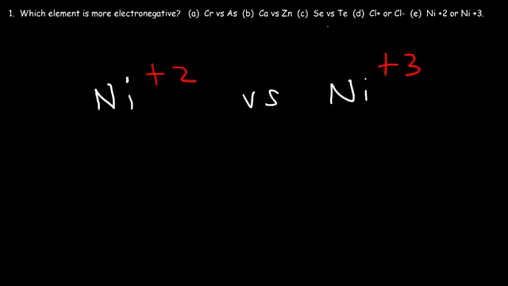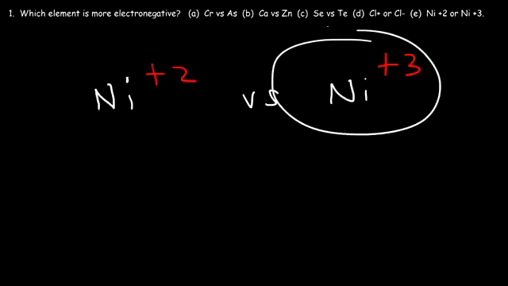Now both of these ions may have a desire for an electron, but the nickel 3+ cation has a stronger desire for an electron because it has a higher positive charge and the element is the same. So when the element is the same, the ion with the most positive charge is usually the one that is most electronegative. The one with the greatest negative charge is usually the one that's less electronegative.